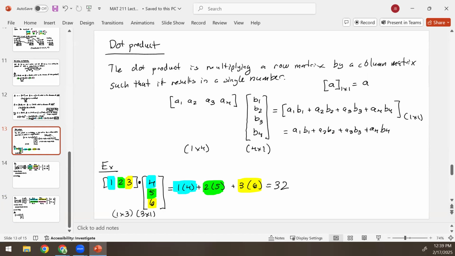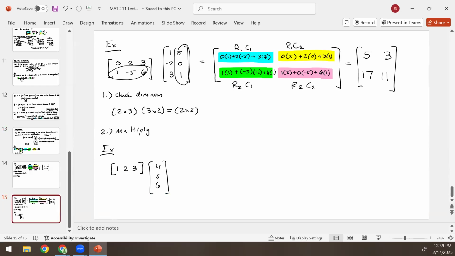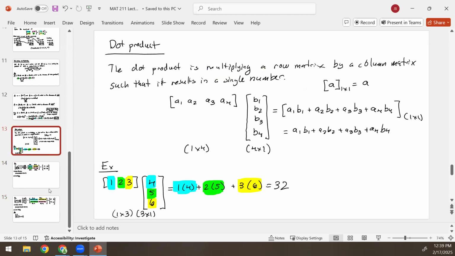Hold on. Give me 1 second. Scratch all that. We're good. Let me just do the one that I was actually going to do. 1, 2, 3 times a 4 by 6. Yeah. So anything else saying about the dot? You don't need it. I was just looking at the wrong thing.